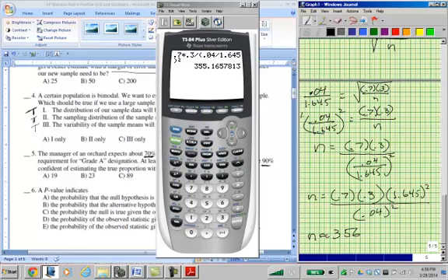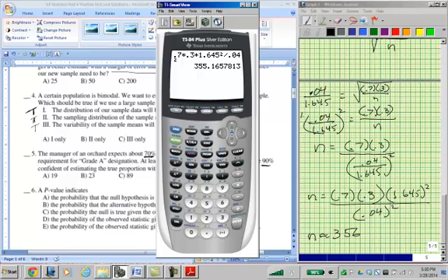Or I could do it the other way, the way I have it here. It's not as complicated. 0.7 times 0.3 times 1.645 squared divided by 0.04 squared, and get the same answer. This has no parentheses, which is to its advantage.